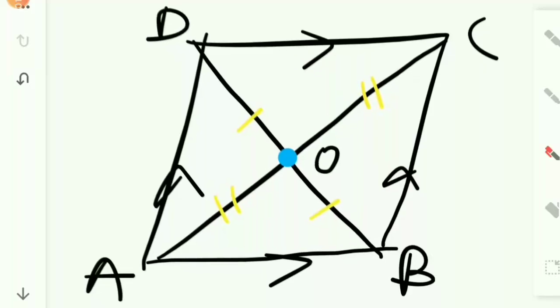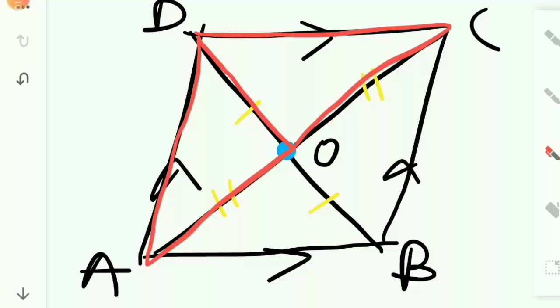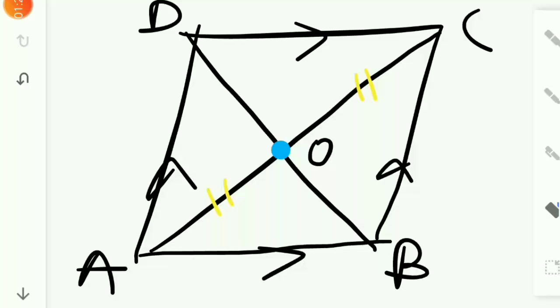Now concentrate on these two triangles, AOD and DOC. Sides AO and OC are equal. This side OD is common and sides AD and DC are equal.